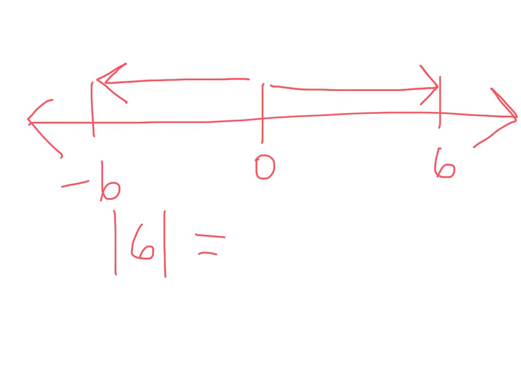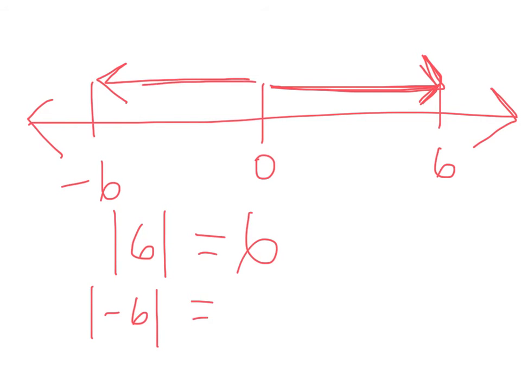So the absolute value of 6 is positive 6. It is 6 units away from 0. And the absolute value of negative 6 is also 6 units from 0. Distance is always positive, so it doesn't matter that we're moving in the negative direction. We're moving 6 spaces, which is a distance.